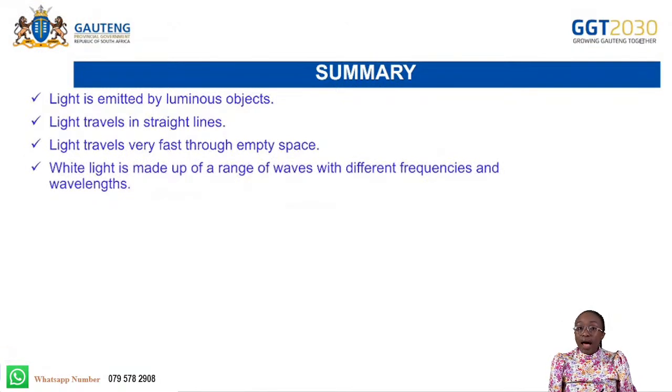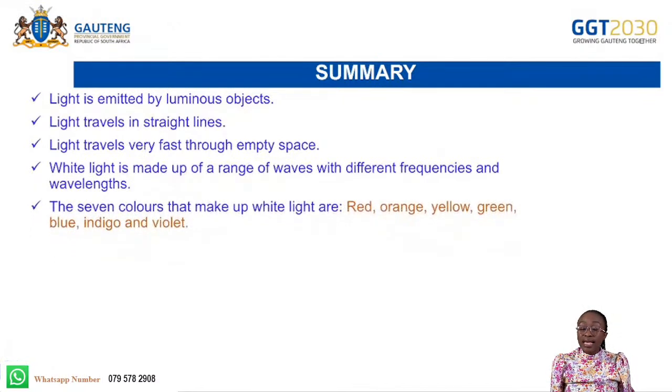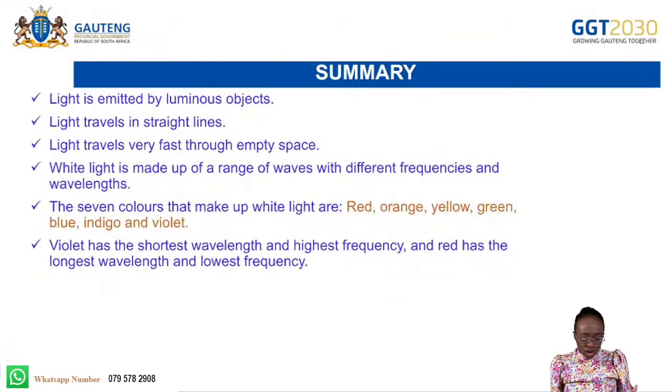Light is made up of a range of waves with different frequencies and different wavelengths. And the seven colors that make up white light are red, orange, yellow, green, blue, indigo, and violet.